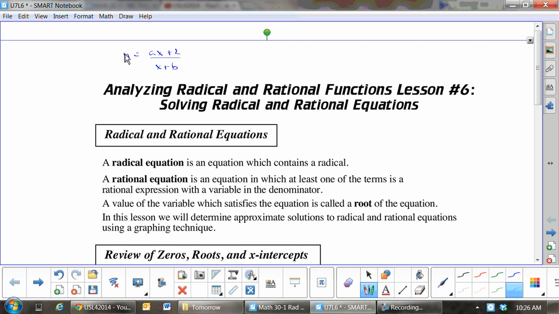Okay, now here's the other question I could pose. What information could you give me that I could find out a without just saying a is 5?